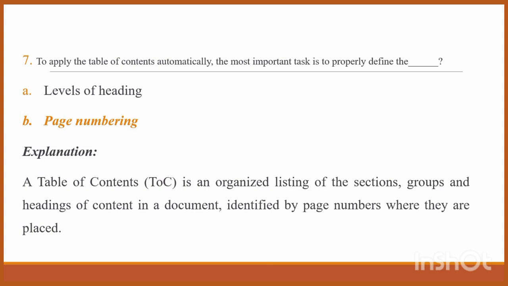Explanation: a table of contents is an organized listing of the sections, groups and headings of contents in a document, identified by page numbers where they are placed. Right answer B, page number.